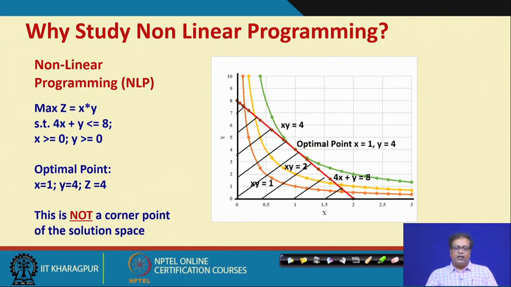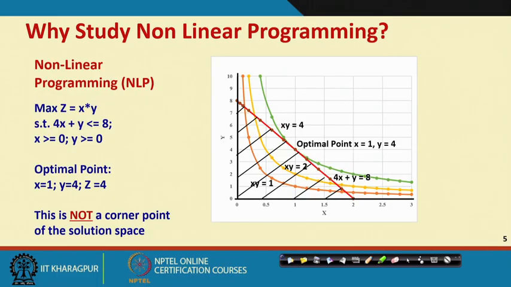So, the basic advantage that we have in linear programming, that our search space was finite and we see only the corner points, that advantage is gone.